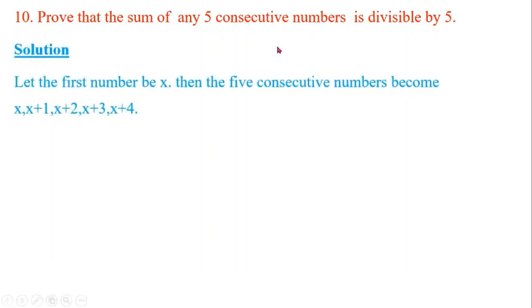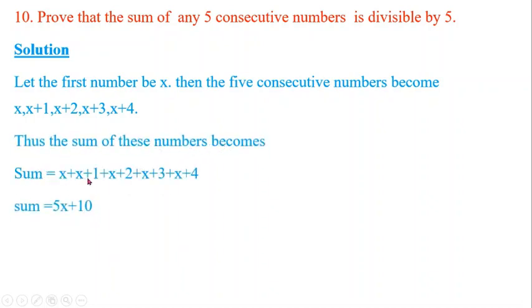Then the sum of these numbers becomes x plus x plus 1 plus x plus 2 plus x plus 3 plus x plus 4. So adding and getting the result, the sum is equal to 5x plus 10.